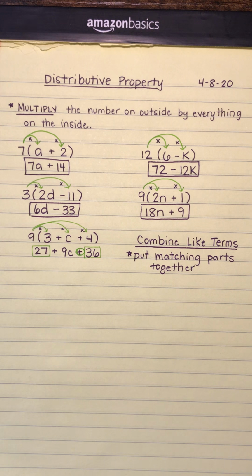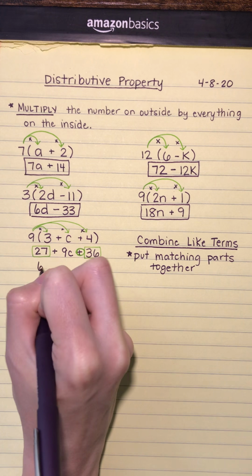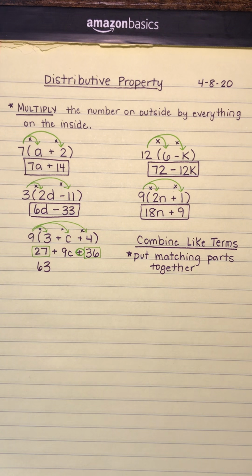So that means I have to add 27 plus 36. And so I'm going to add those 2 together. And I get an answer of 63 when I put those 2 together.